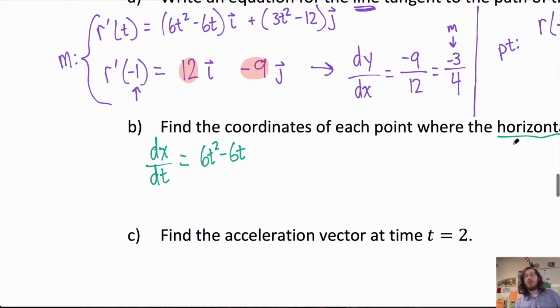In order to find where our velocity is 0, we want to set that equal to 0. Doing a little bit of factoring, we can factor out a 6t, so we get t minus 1. Set each of those equal to 0, and we get t is either 0 or 1.